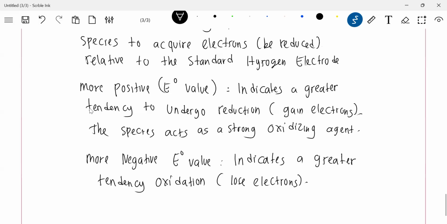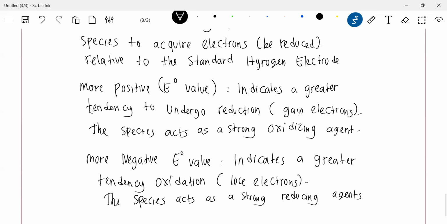Indicates a greater tendency for oxidation. That means the loss of electrons. So don't forget, the species acts as a strong reducing agent.